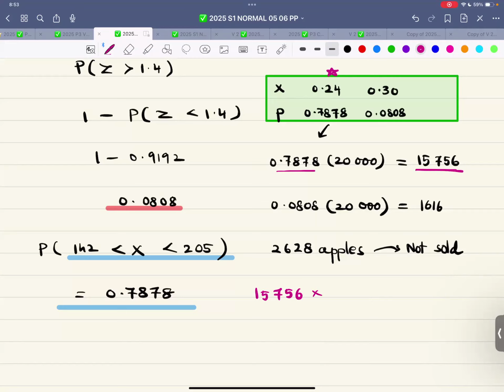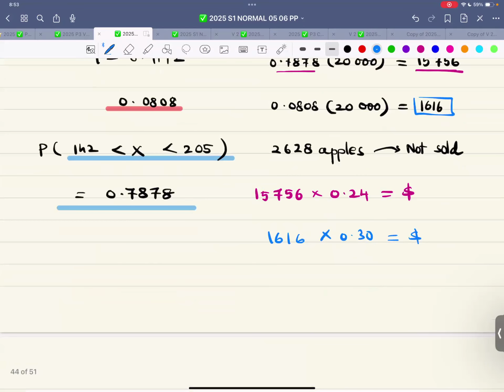So 15,756 into 0.24. That is the income in dollars. And then over here, this value 0.30, that is 0.0808, that is for this value. So therefore, 0.30 into how much? That is 1616. And that is what we are calculating. So now 1616 into 0.3, that is 484.8. A very tricky question.